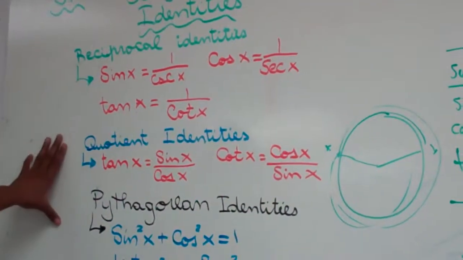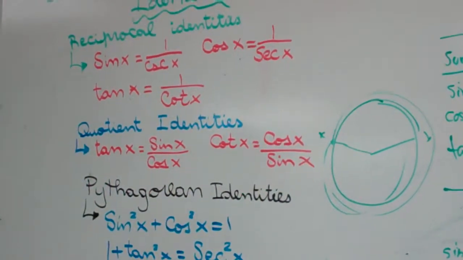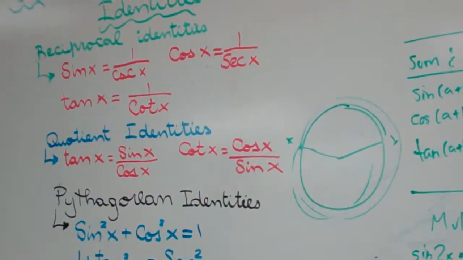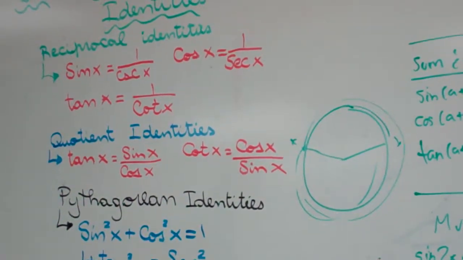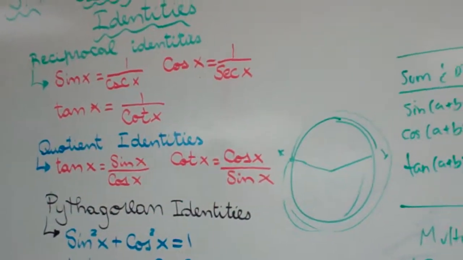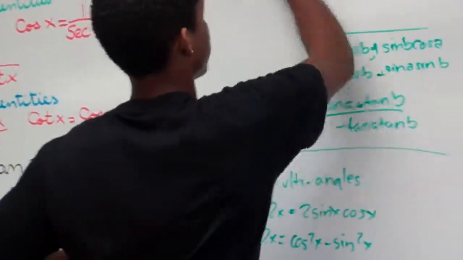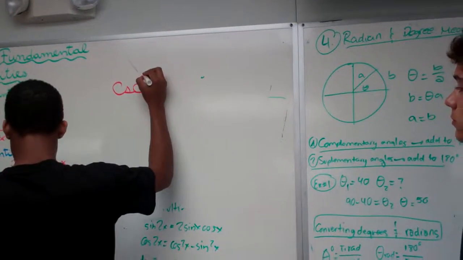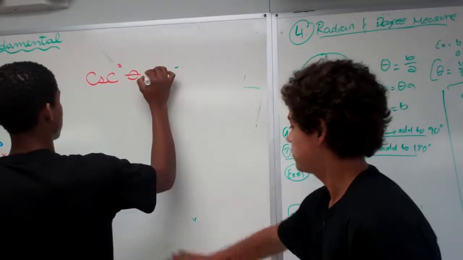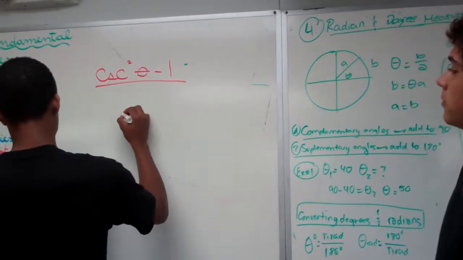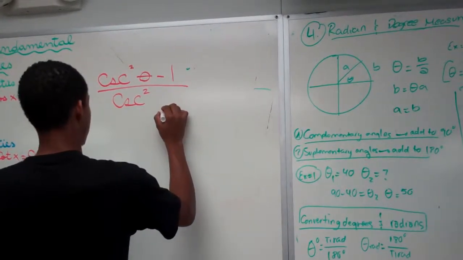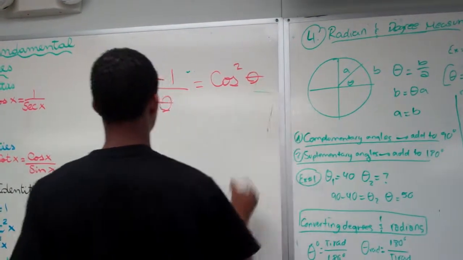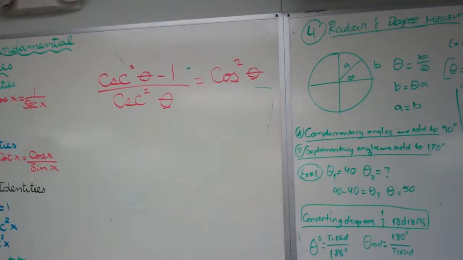So we use these identities to prove, for example, if we want to prove cosecant squared of theta minus 1 over cosecant squared of theta equals cosine squared of theta, then we use some of the identities over on this side to figure it out.